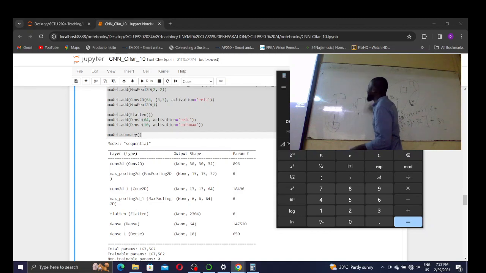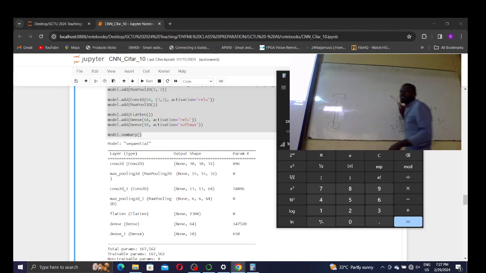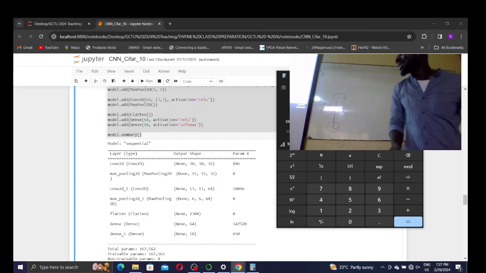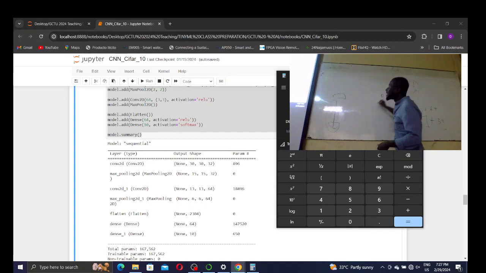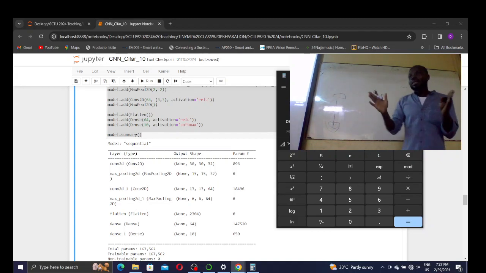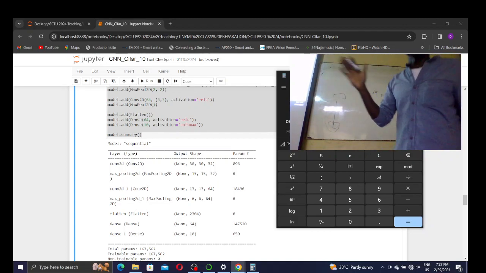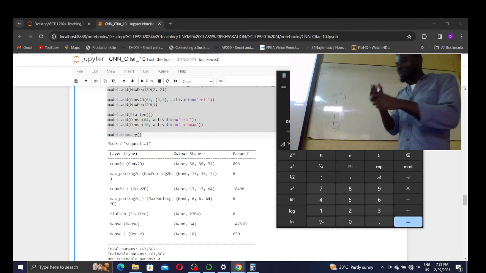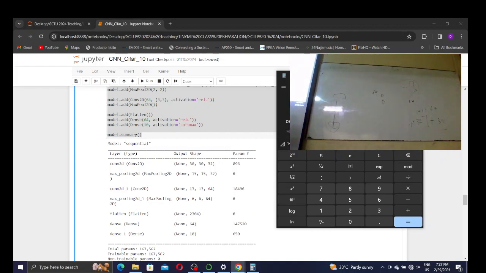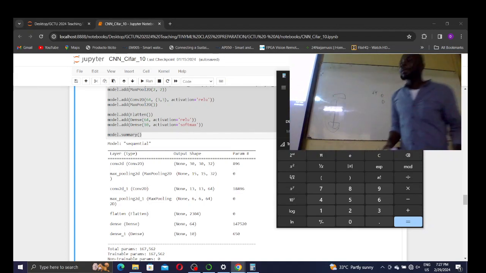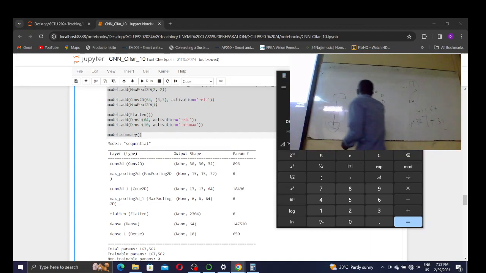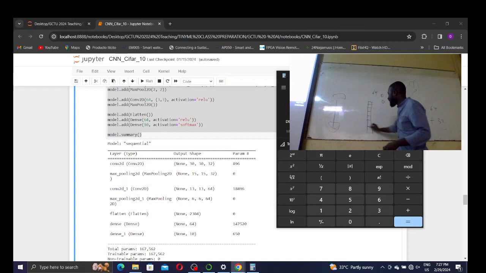Your next one is a dense layer. As I said, we did a calculation for the dense layer last week or two weeks ago. Your dense layer has 64 neurons, and with the dense layer you are calculating your weights and biases. You are flattening it, and you get 2304.